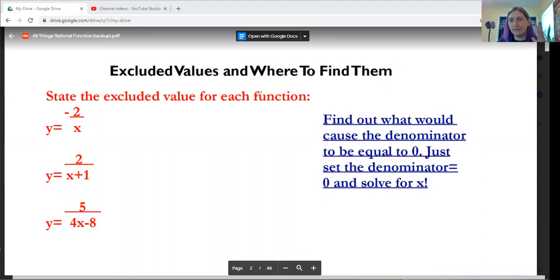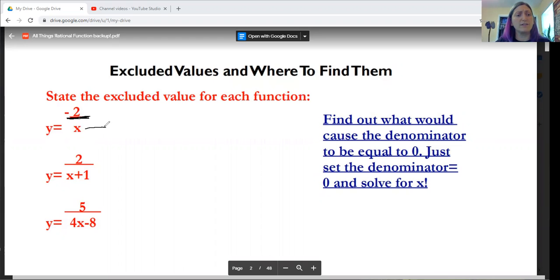Okay, don't panic, just parse carefully through what you're hearing here. The excluded value, we said, is where the denominator will equal 0. Okay, so if we just have something, and I apologize for the way this looks, it's kind of hot garbage. I did not know how to use equation builder when this was made. y equals -2 over x.